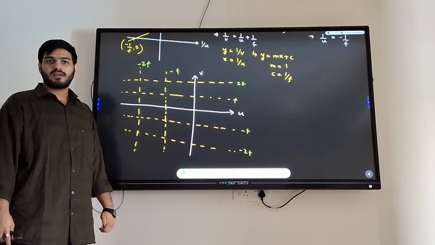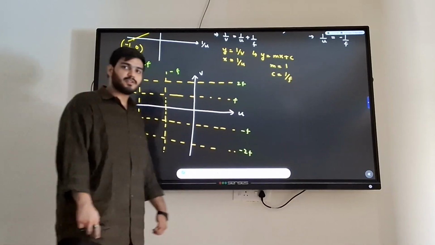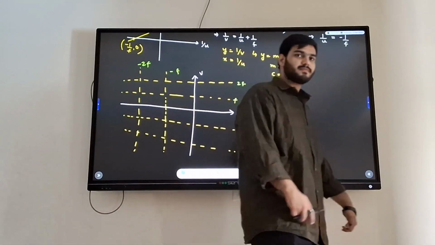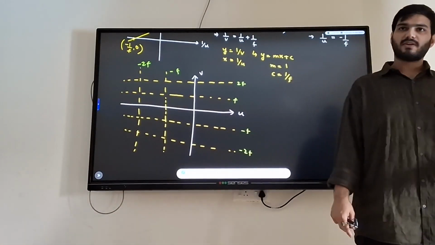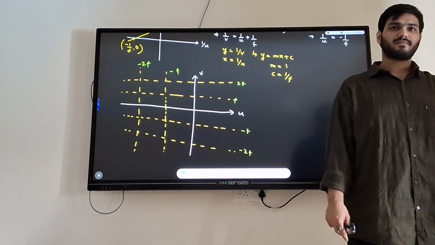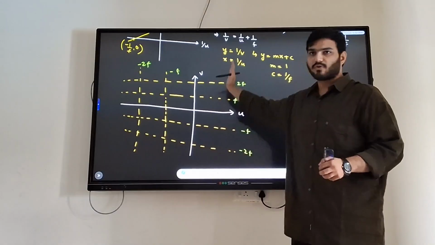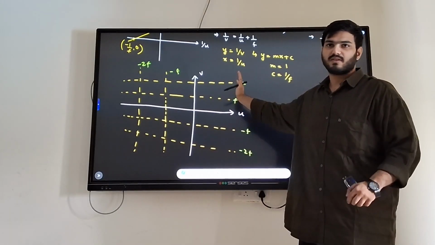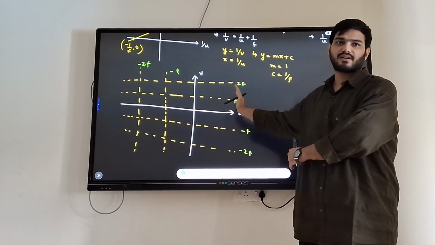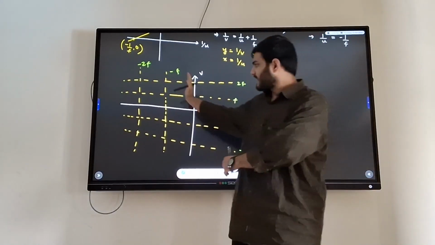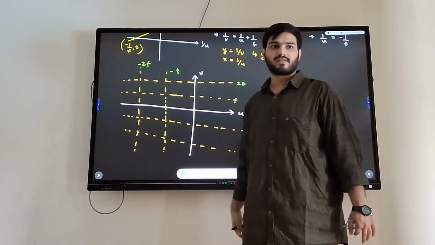At 2F. If I take my object at 2F, then u is negative or positive? Negative. Actually, u is always negative. That's why I did not make any asymptotes in the first and fourth quadrants. You will only find anything in the second and third quadrants.